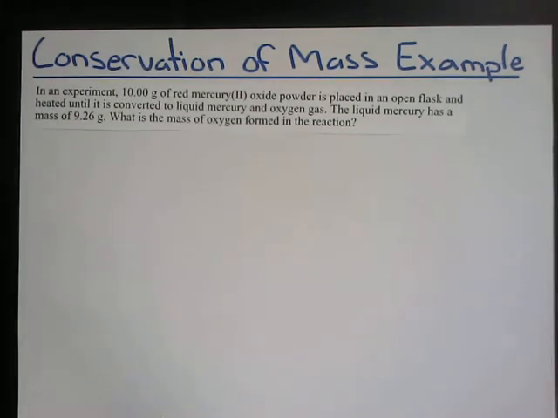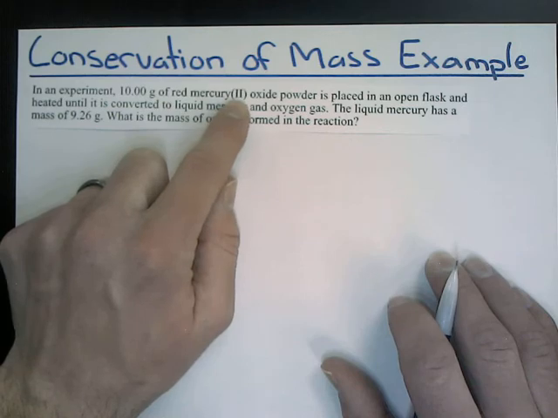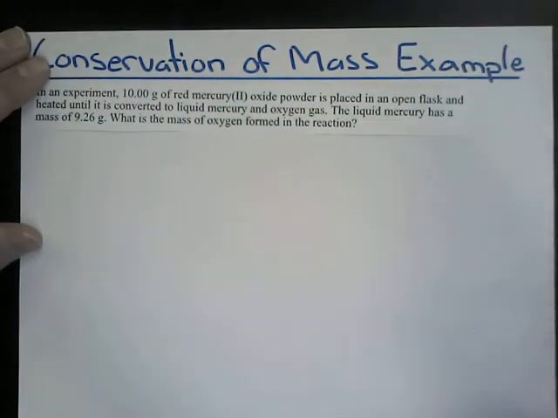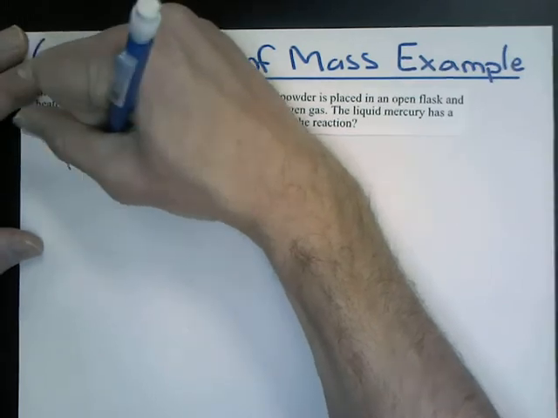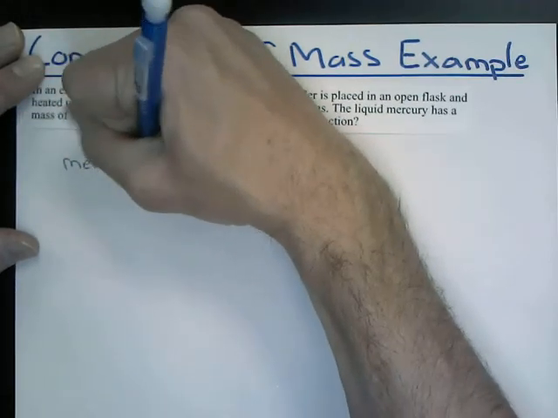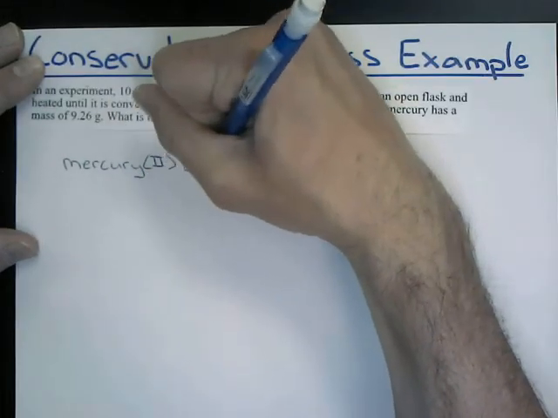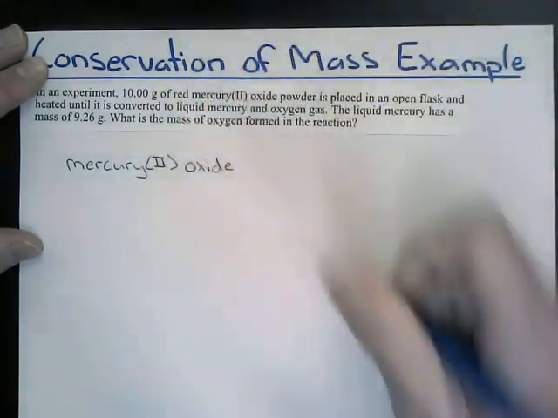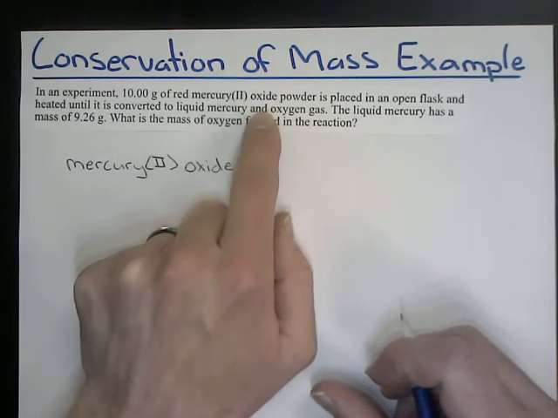What we do first is write out an equation using words. It said we started out with mercury 2 oxide, and that's the only thing that we started out with. So I'm going to put here mercury 2 oxide, written exactly as we see it in our problem. That's what we started out with.